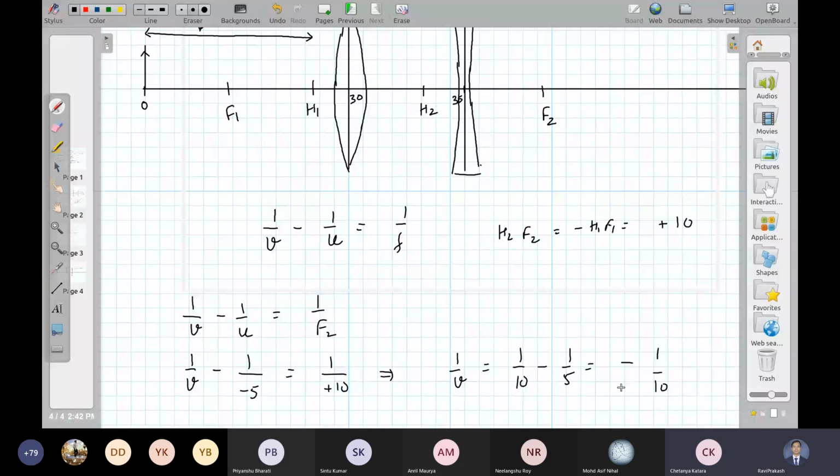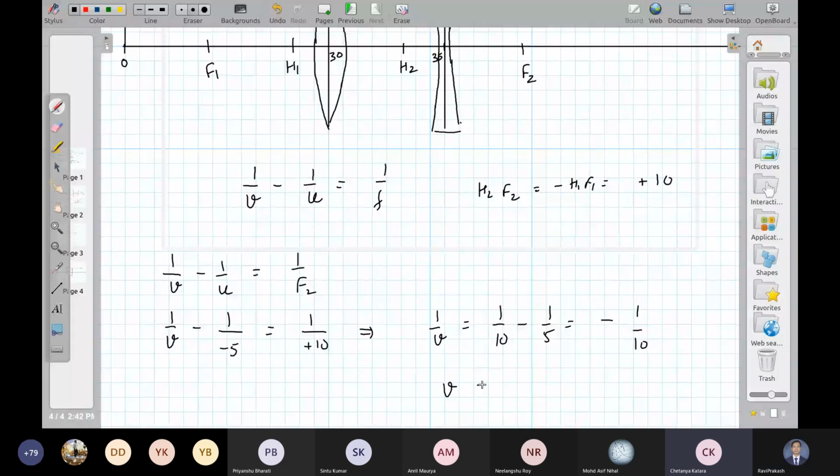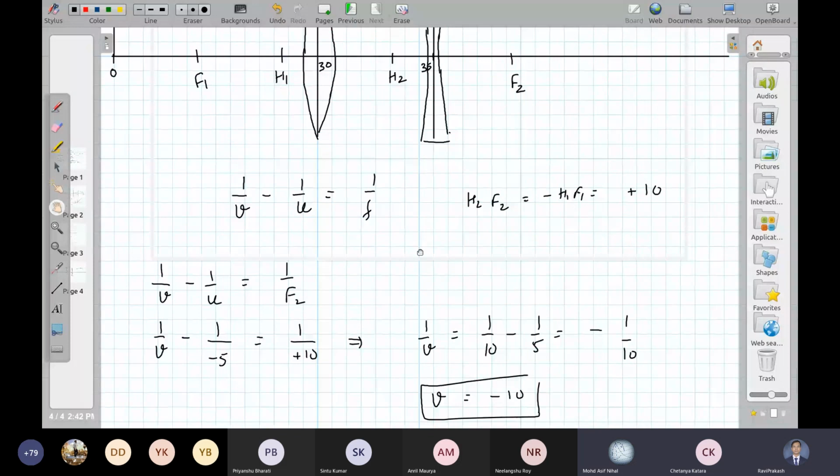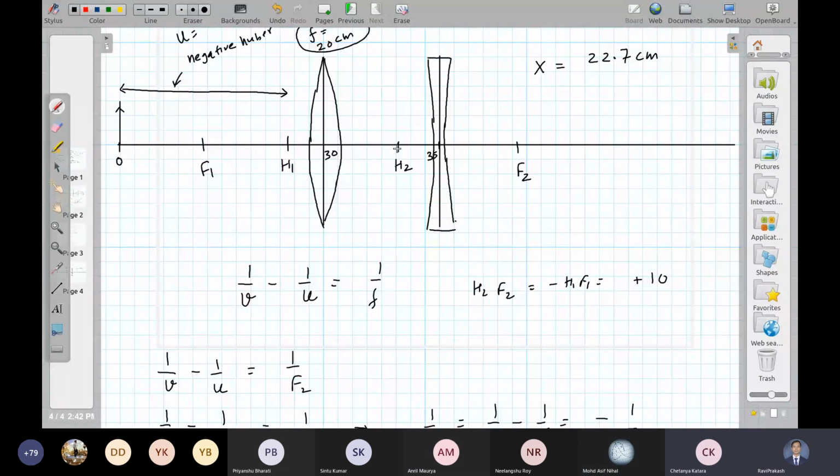Where is this image? Can you estimate? Can you guess? So this image is at a distance of 10 units on the left, from the left of H2. Move 10 units left from H2, and wherever your point comes, that's where you will get the image.